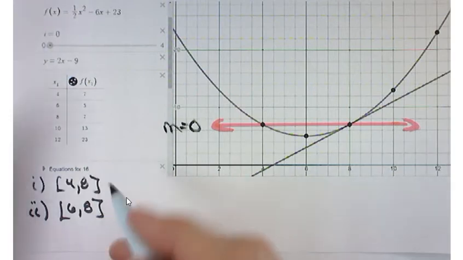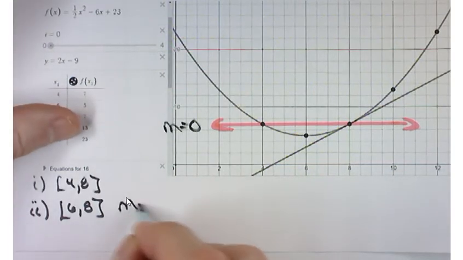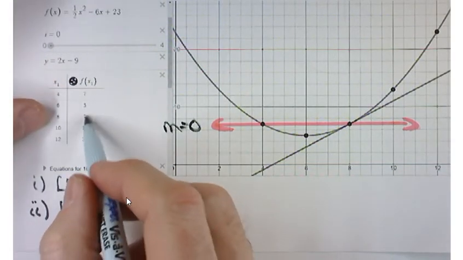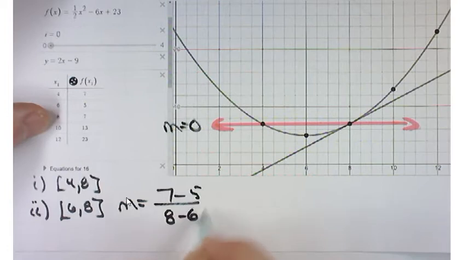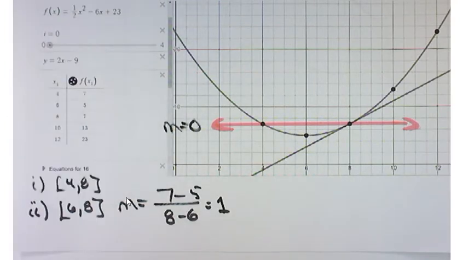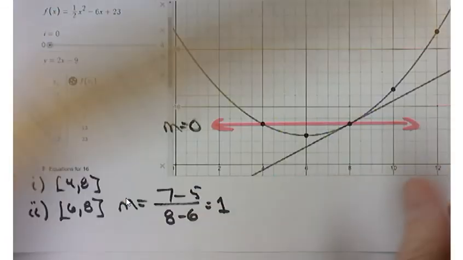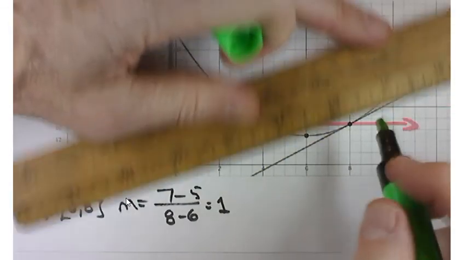Now between 6 and 8, that's going to be m is 7 minus 5 over 8 minus 6 gives me a slope of 1. So let me draw that line in there for us. Let's see, let's use green here for this one. Between 6 and 8, that's this one right here.